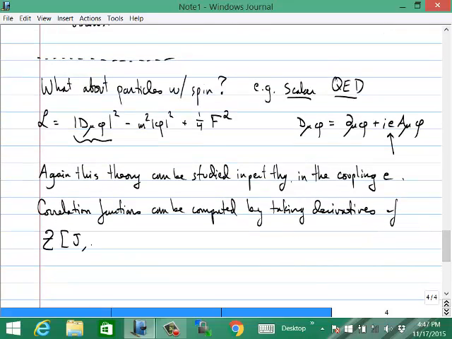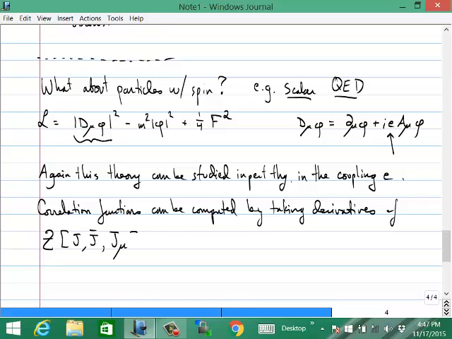So for a real scalar field, this was a function of a single real source J. For a complex scalar field, it'll be a function of a complex source J. So I've denoted J and J bar separately here to remind ourselves that J is complex.